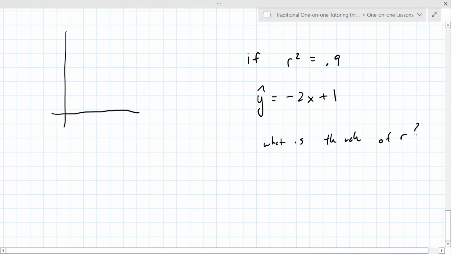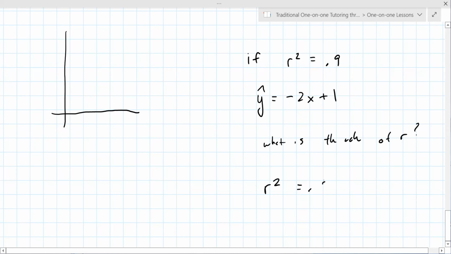If r squared is 0.9, yes. I don't know what to do. Well, r is just the square root of, I don't know.